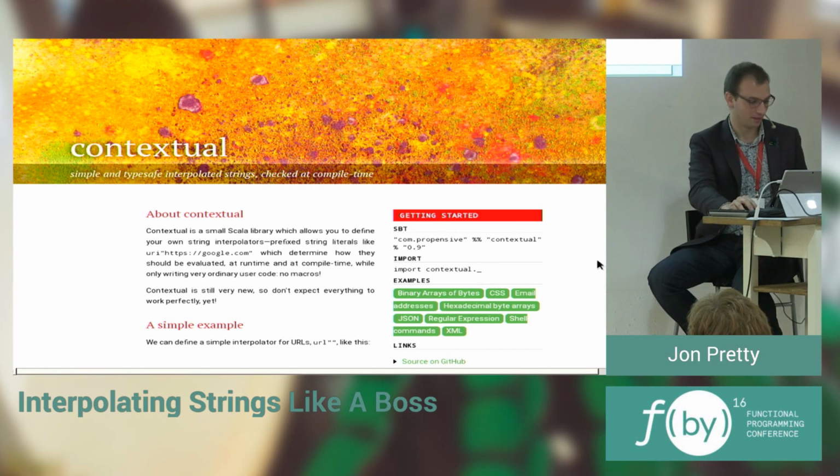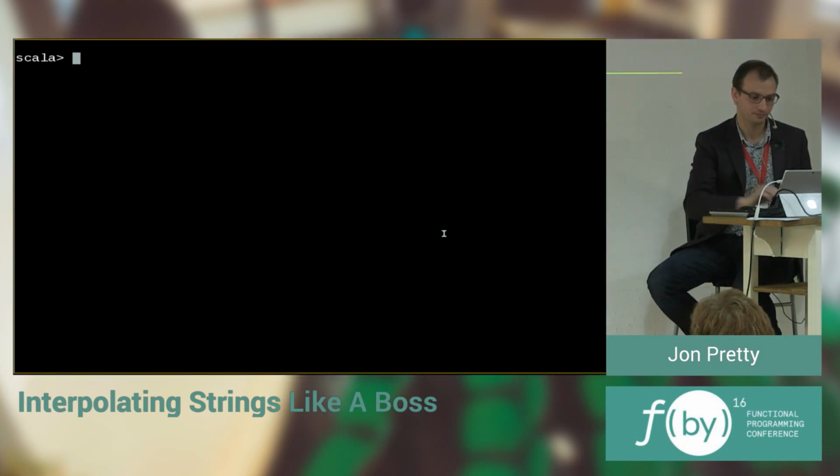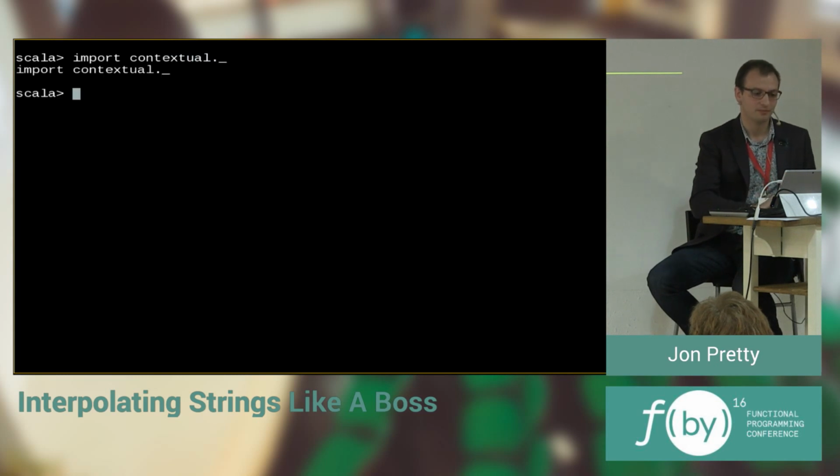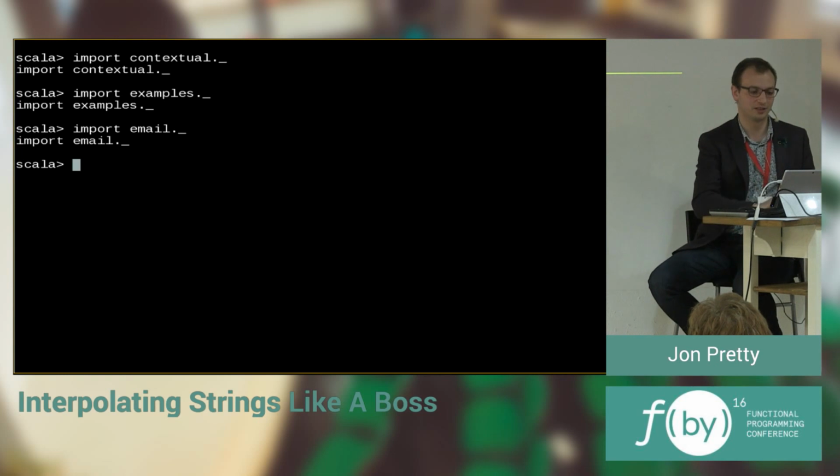Now, I'm going to show you some examples in the REPL. So I'm going to start by importing the library. And let's get some examples. Let's start with a really simple one, an email address.